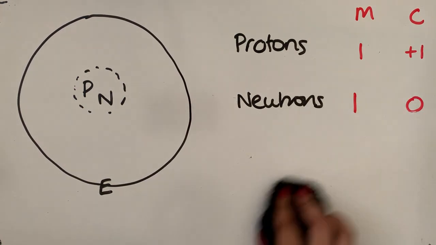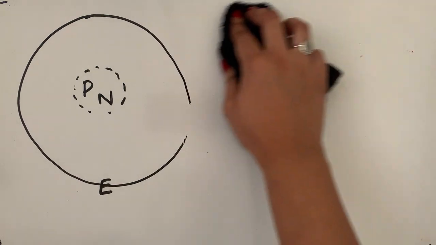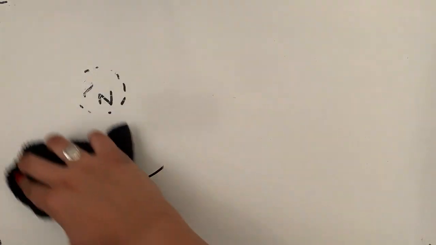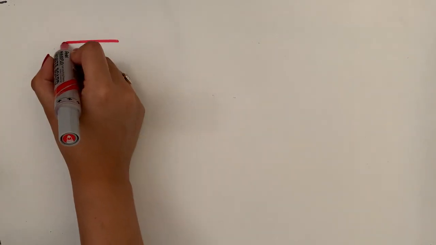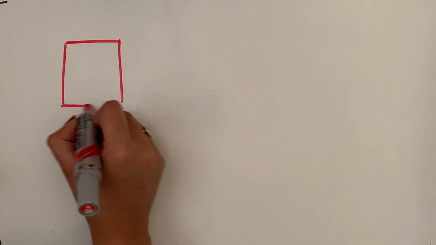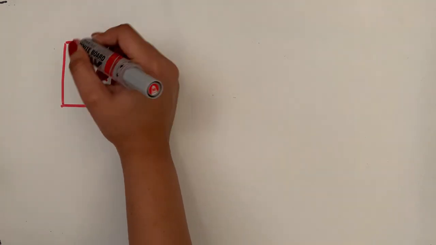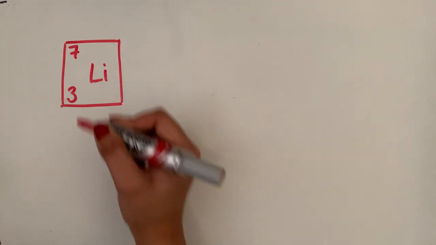So that's the basics behind the atomic structure. What that then does is essentially tell us the information that we need to know for this next part, and we're now going to have a look at the information that we get from the periodic table for each element. I'm just going to go for lithium, so I'm literally just picking out lithium from the periodic table.